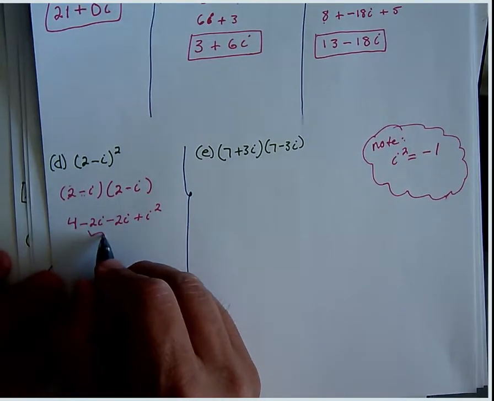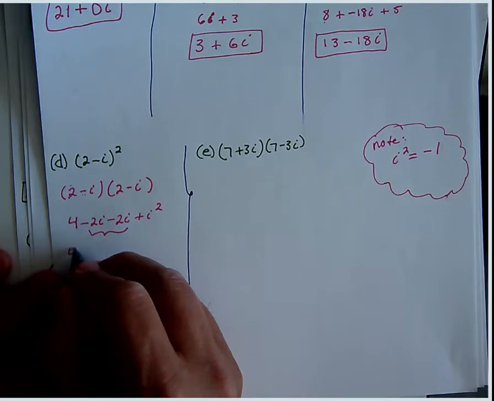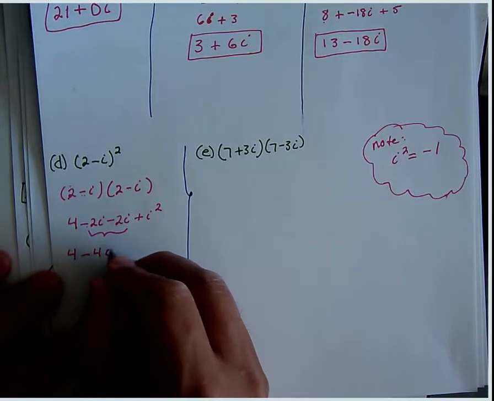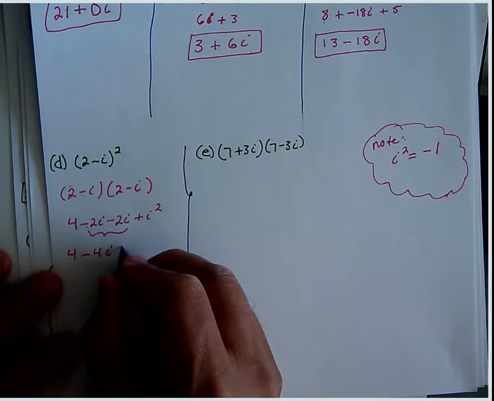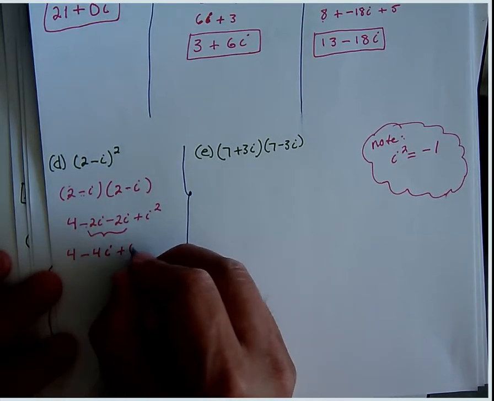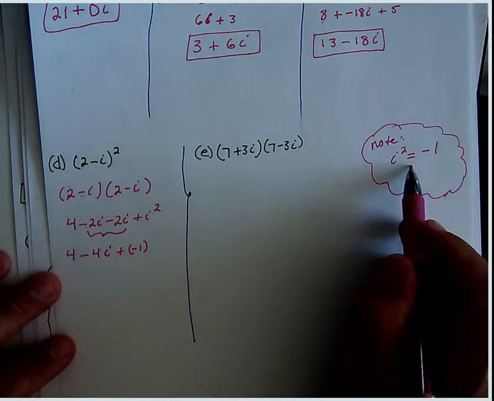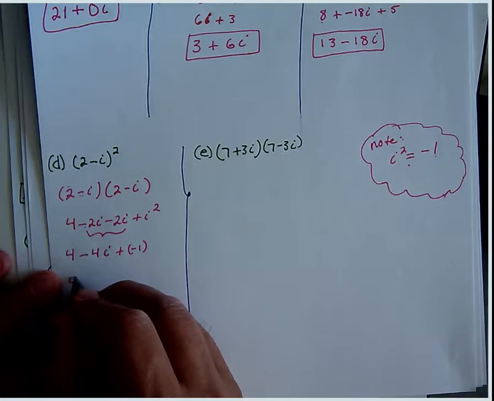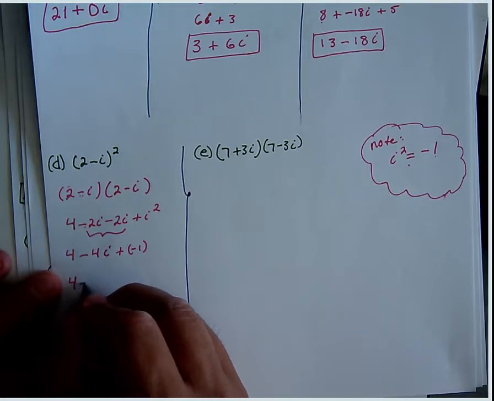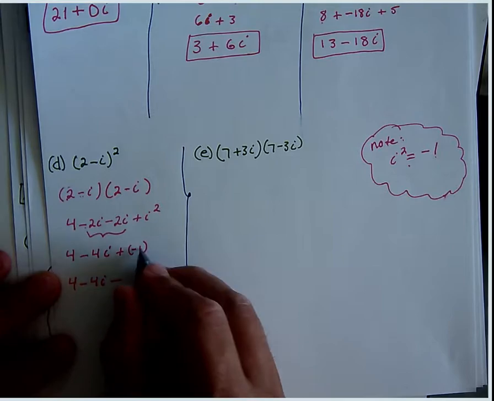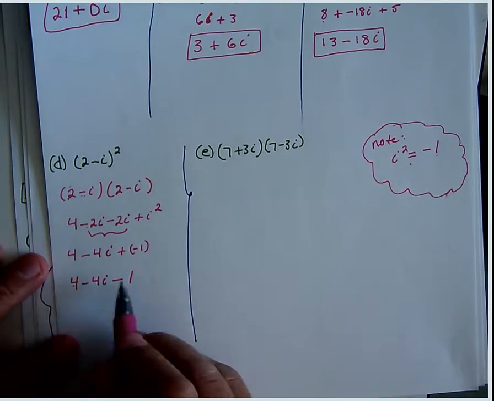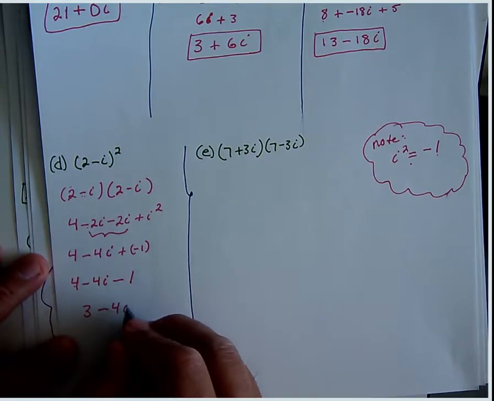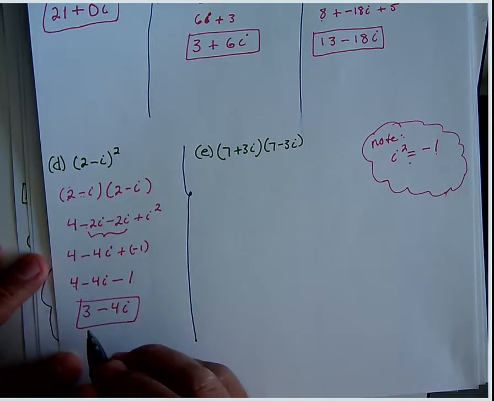So you are able to combine these two in the middle. 4 negative 2 minus 2 would be negative 4i, plus this becomes a negative 1, right? i squared is equal to negative 1. So 4 minus 4i minus the 1 here. So 4 minus 1, combining like terms, would be 3, and then 3 minus 4i.